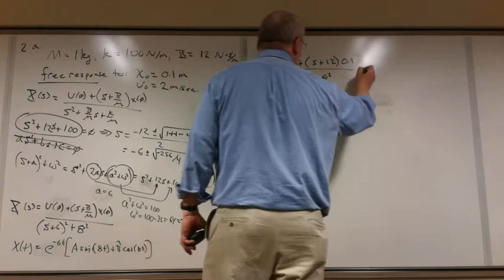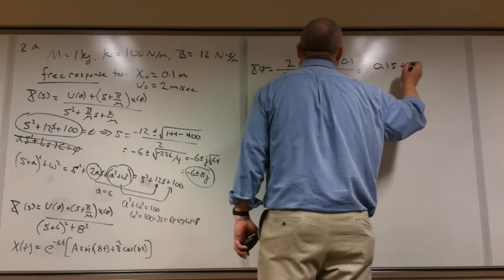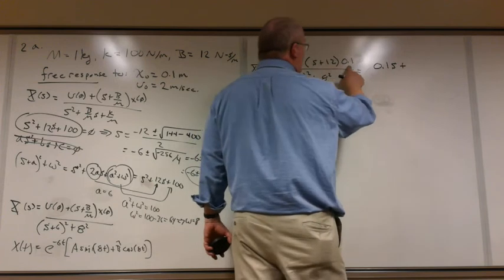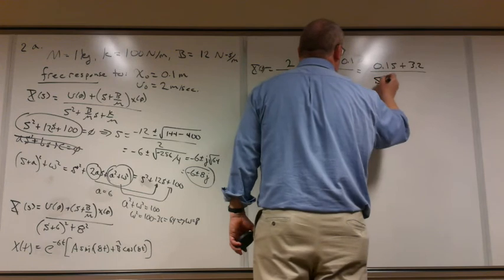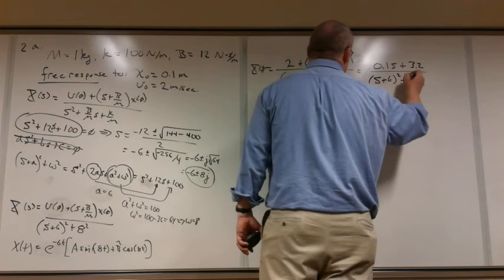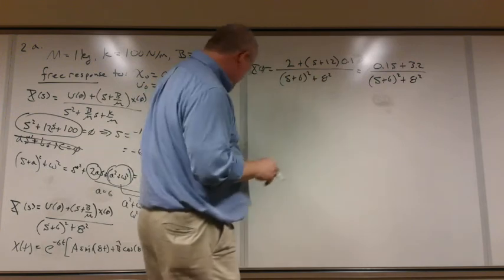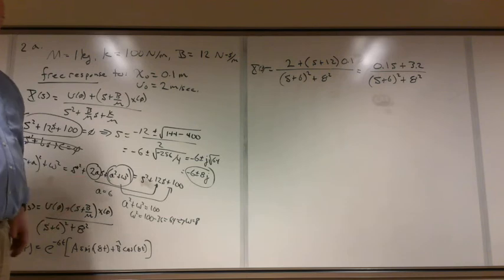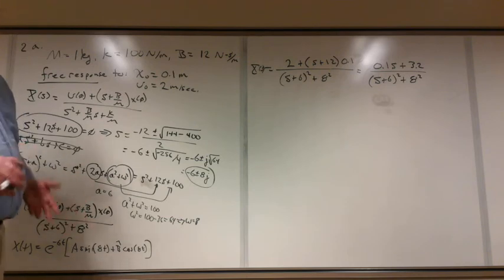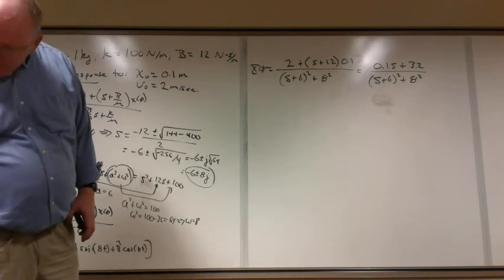X of s is equal to that, is equal to 0.1 s plus 12 times 0.1, which is 1.2, so that'll be plus 3.2, all over s plus 6 squared plus 8 squared. So, do we know whether it's going to be a sine or cosine? Not a clue. In the overwhelming majority of cases, probably it will be some of each.